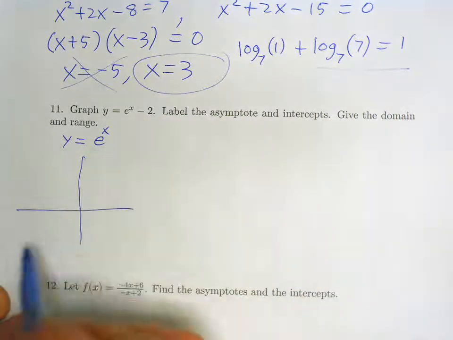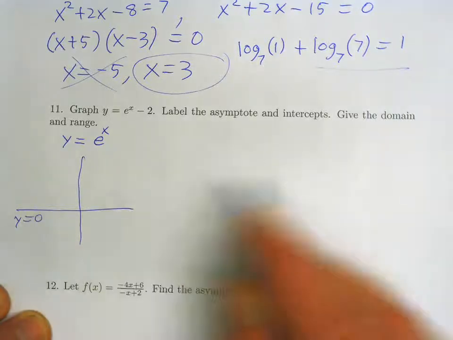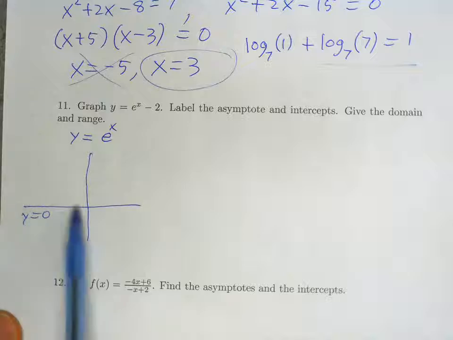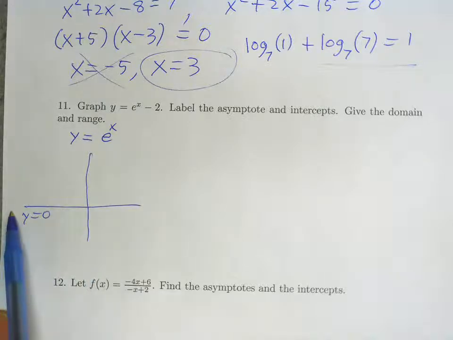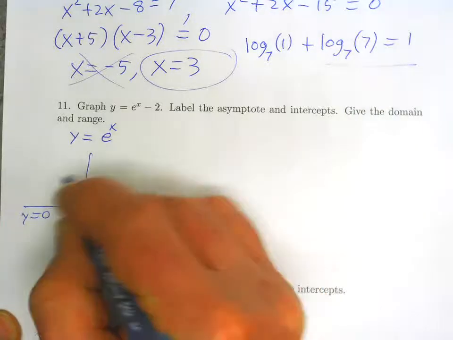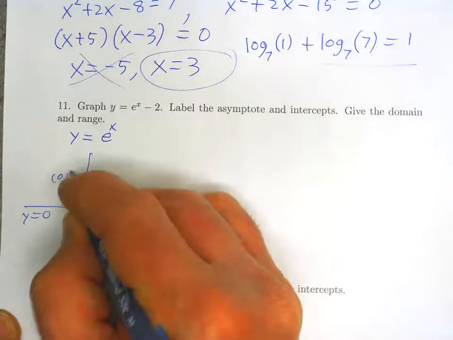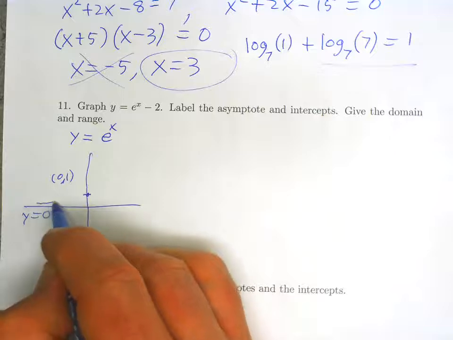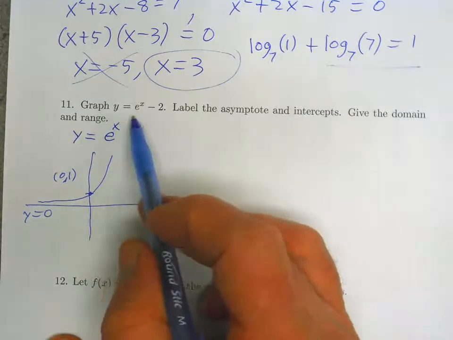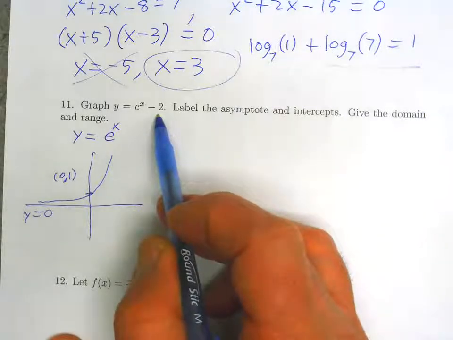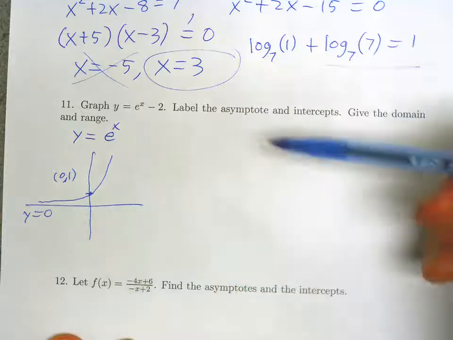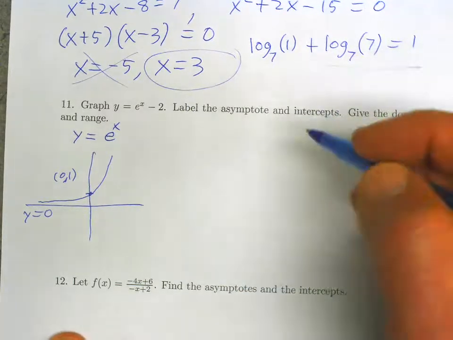On this function, we know that y equals 0, which is to say the x-axis to the left of the y-axis, is a horizontal asymptote, and the ordered pair (0, 1) is the y-intercept, and the graph has this shape. And then the graph of y equals e to the x minus 2 is the graph of y equals e to the x shifted vertically down 2 units.